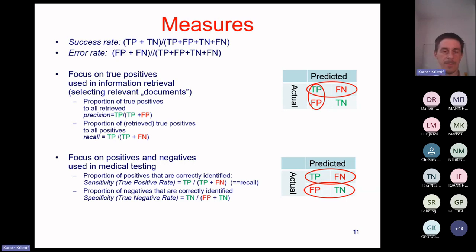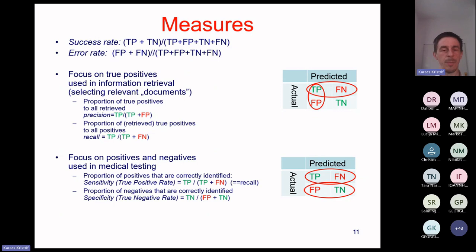Now, more advanced measures include the ones that you can see lower on the slide. So one possible view that we can take is evaluating our predictions with the focus on the true positive predictions.